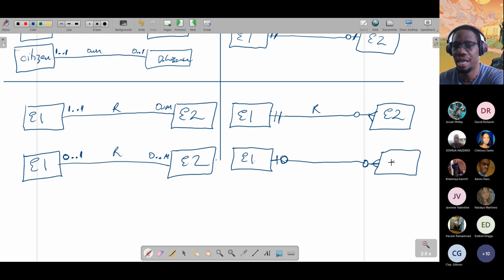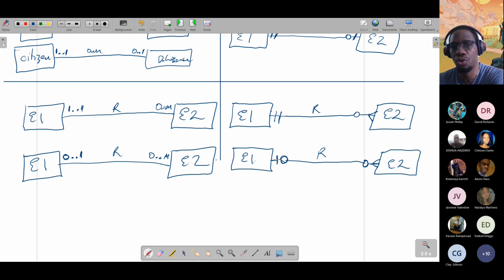Entity 1, entity 2. So entity 2 has a relationship where there doesn't have to be another instance of entity 2, or entity 2 has a relationship with entity 1 where they don't have to have an instance of entity 1 happening with this relationship.